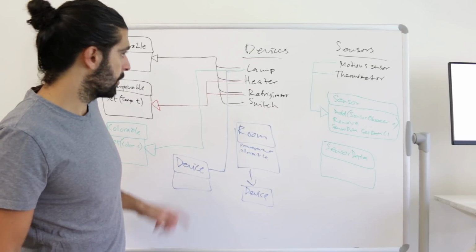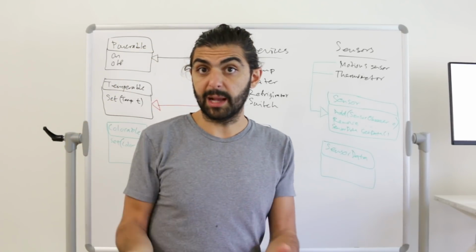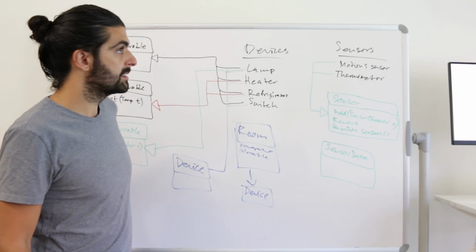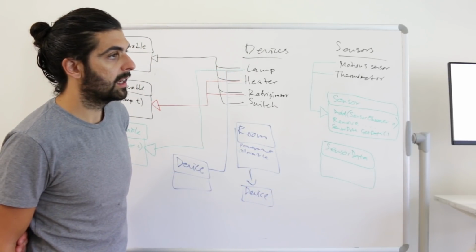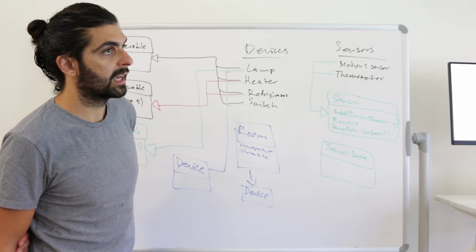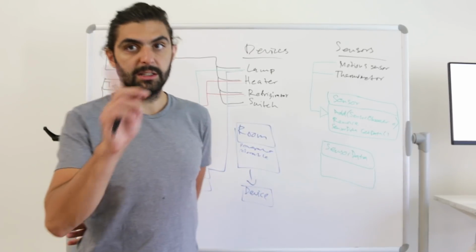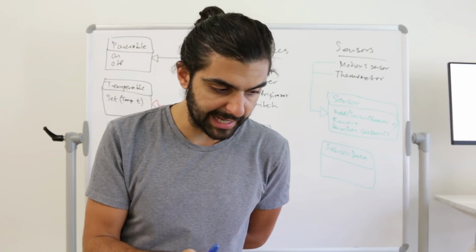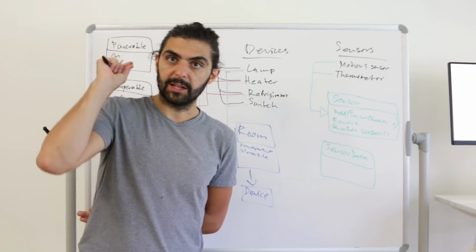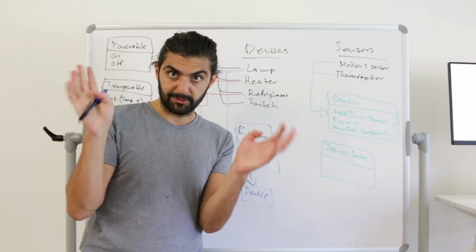So I would think this is probably a scenario for the abstract factory pattern. A device can give you a factory, where that factory is part of the abstract factory pattern.